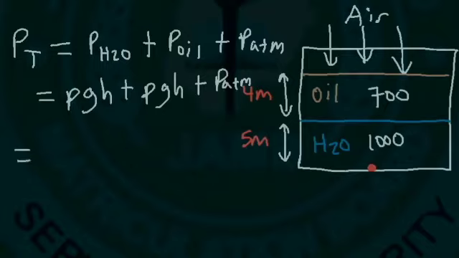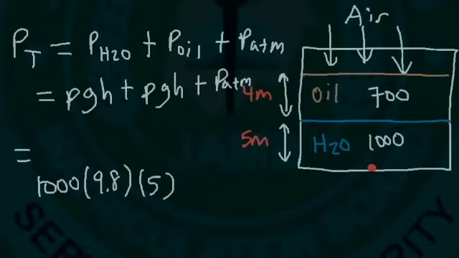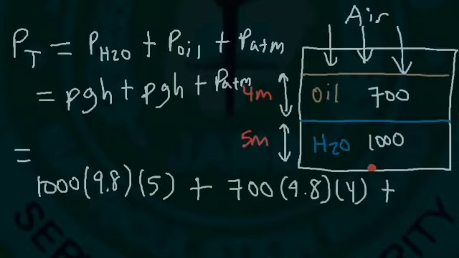The density of water is about 1,000, G is 9.8, and the height of the water is about 5, plus the density of the oil, which is 700 times G, times the height of the oil, which is 4, and then plus the pressure due to the atmosphere, which is 101,300 pascals.